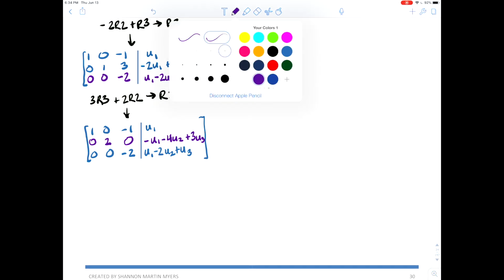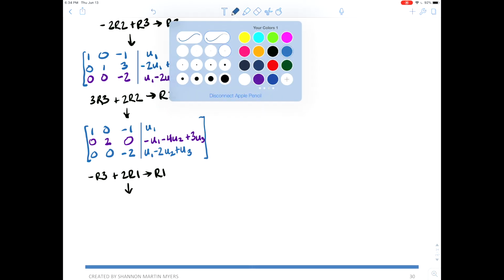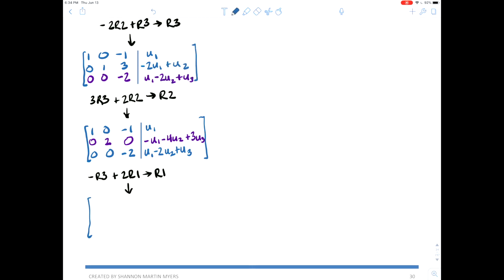All right, so our next one, what do we have to do? We need to clear out the negative 1 that's in the first row, third column. So to do so, let's just do negative row 3 plus 2 row 1 for a new row 1. And we will have this matrix.